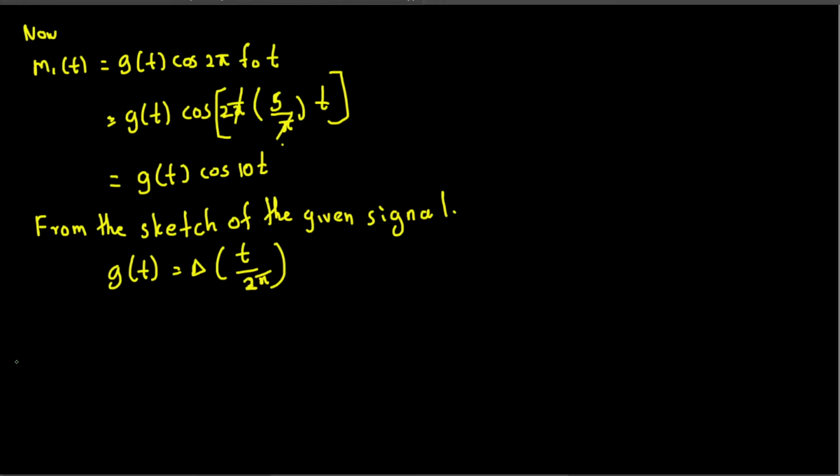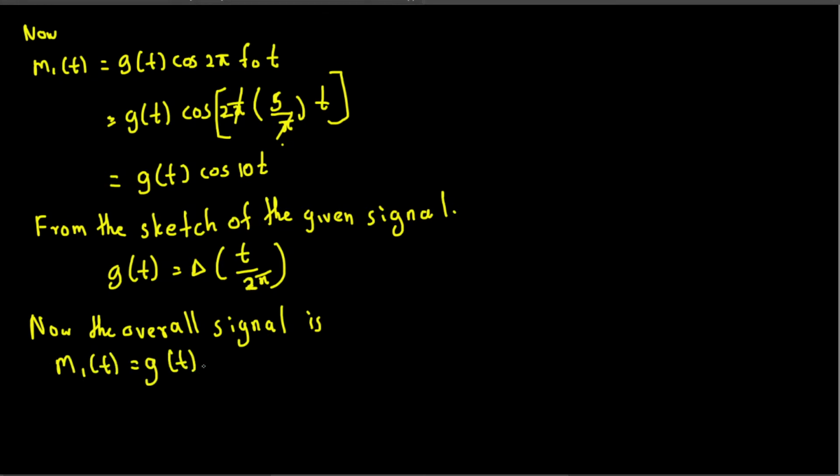Now the overall signal is m1(t) equal to g(t) cos 10t. So instead of g(t), we place triangular t over 2π, cos 10t.